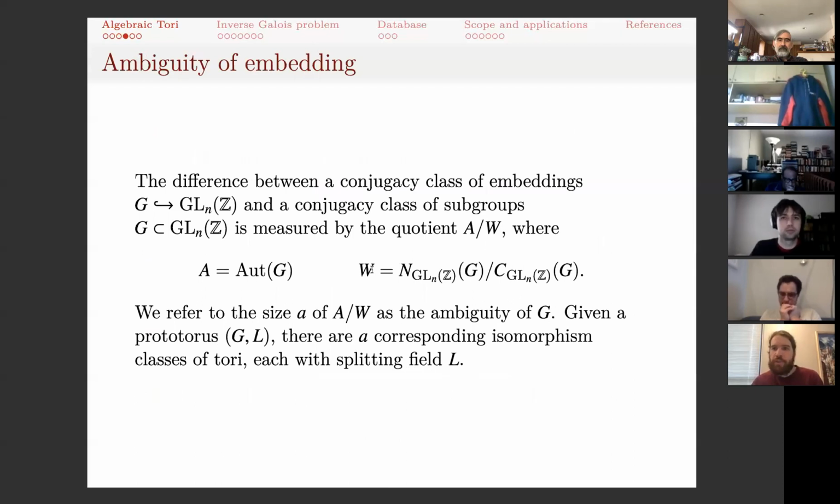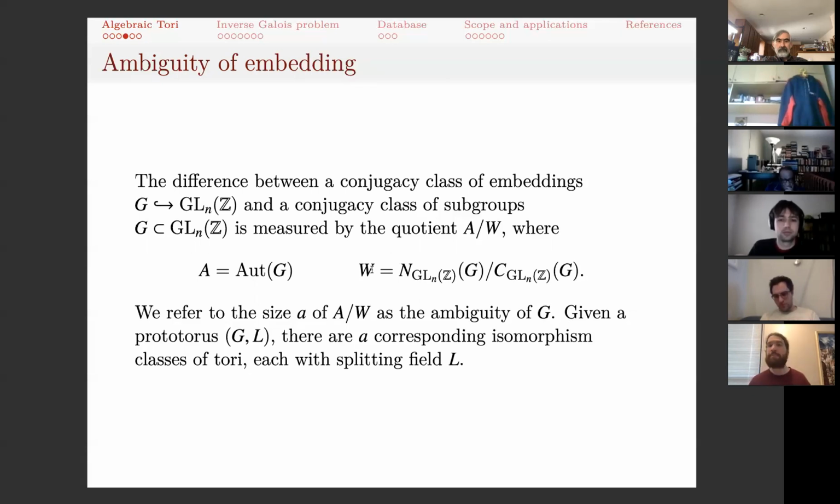And so what we've produced via this process is a pair of a subgroup and some field that gives us the right Galois group. The difference between a conjugacy class of embeddings and a conjugacy class of subgroups is measured by the quotient of all automorphisms of G compared with the automorphisms that we can get by conjugating within GL_n(Z). If we look at the normalizer of our subgroup G inside GL_n(Z) modulo the centralizer, that tells us the automorphisms that we can get by conjugating by matrices.